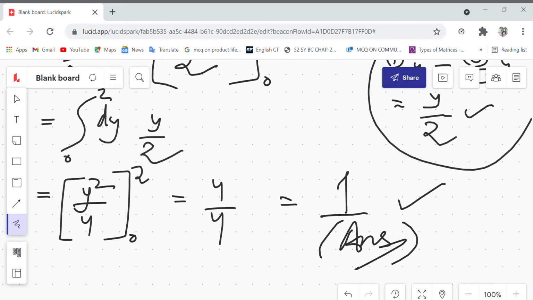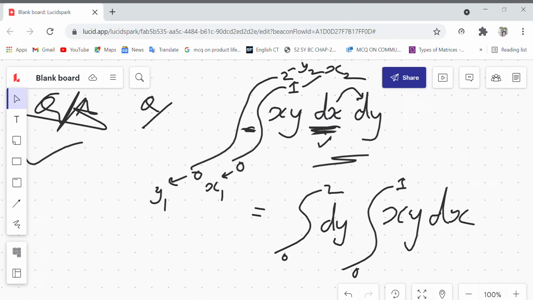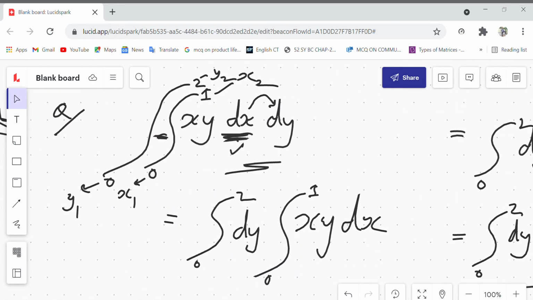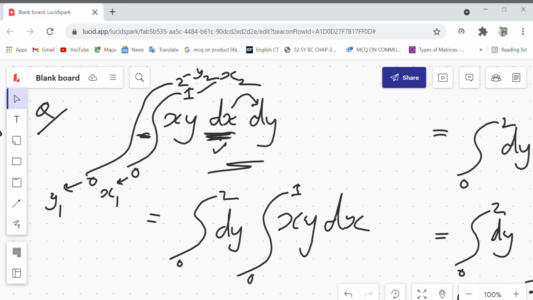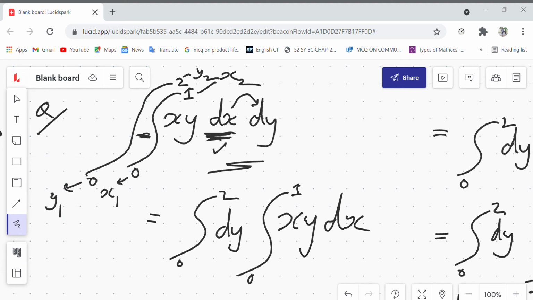Simple approach. So let me again explain double integration. So this was basically the question. So the question was x y dx dy, integration 0 to 1, then integration 0 to 2.